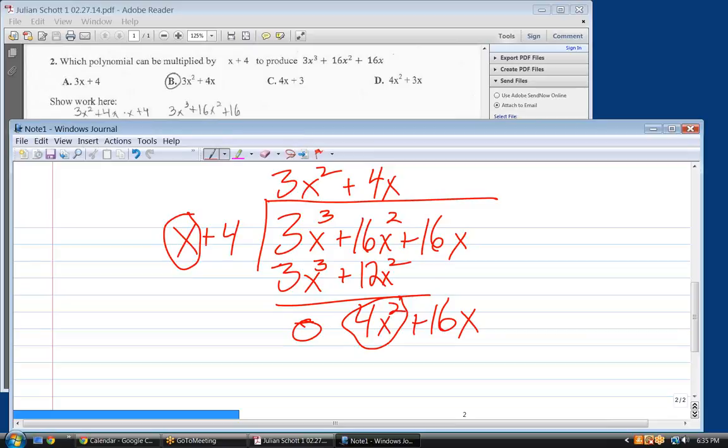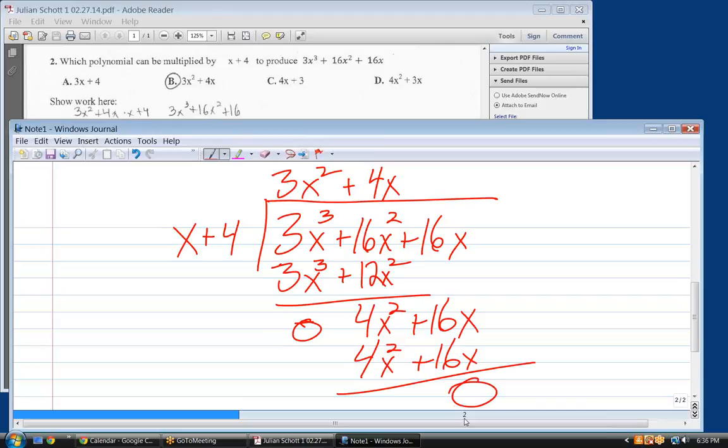And we get 4x when we do that. And again, just to check, make sure that x times that 4x gives you 4x squared, and it does. Now, you multiply it by both terms, and notice that we have a 0 remainder, which means that it divided perfectly. If there was a remainder, then x plus 4 would not be a factor of that polynomial.